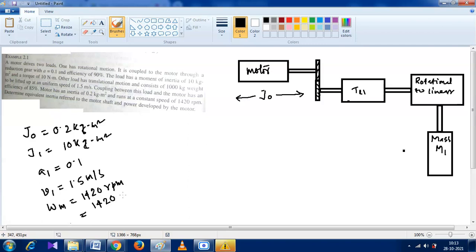To convert the rpm into radian per second, we have to multiply this by pi by 30, that means 2 pi by 60. The value is 148.7 rad per second.